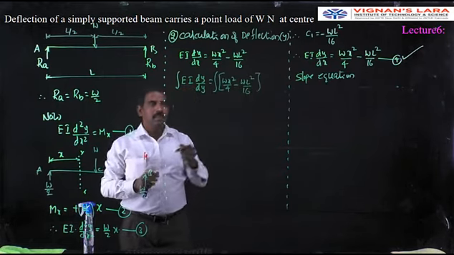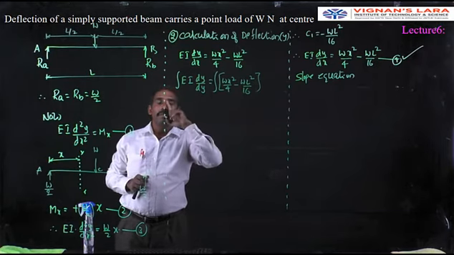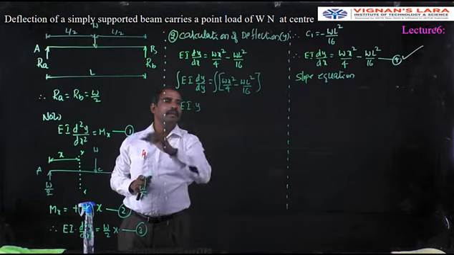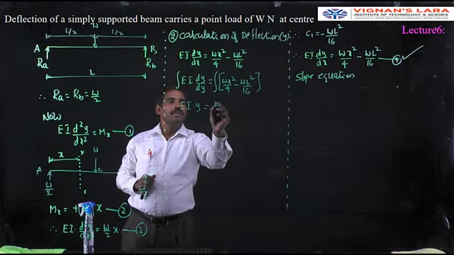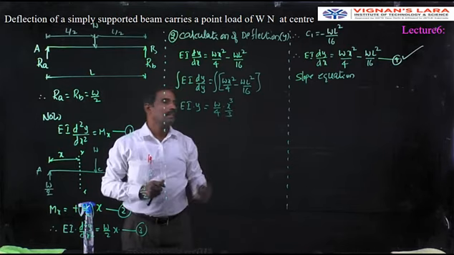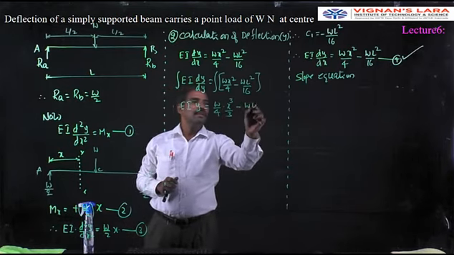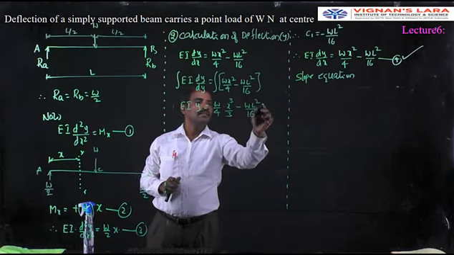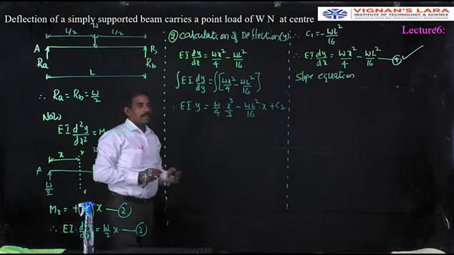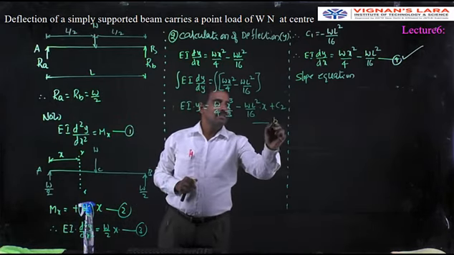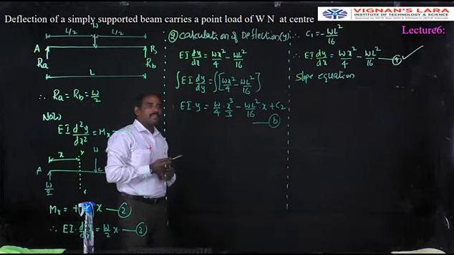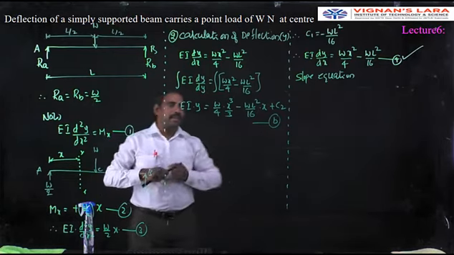After performing the integration, EI into y is equal to W by 4 into x cube by 3 minus WL square by 16 into x plus C2. It is called equation number B. The constant C2 is obtained by using the boundary conditions.